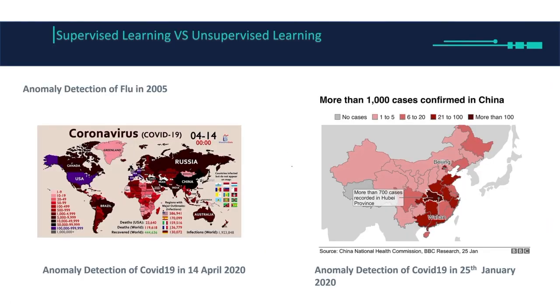Let's go and see COVID-19. Here again, the sources are here, you can check them later on. This is the anomaly detection of COVID-19 on 25th January 2020. Now this is the legend here.